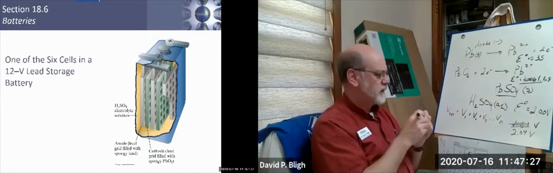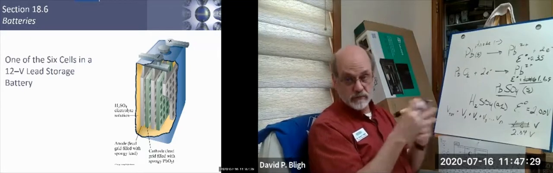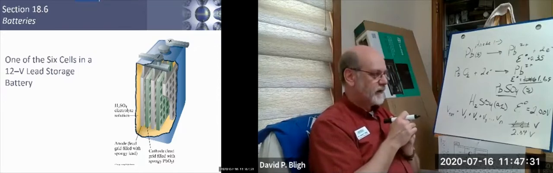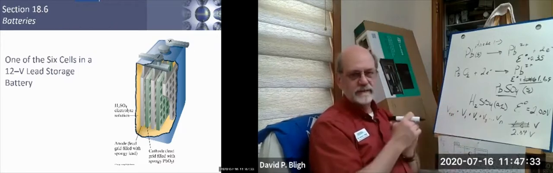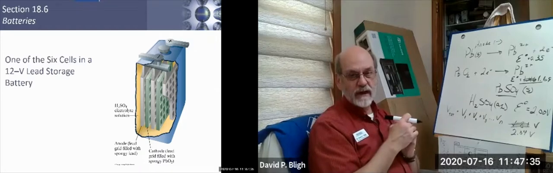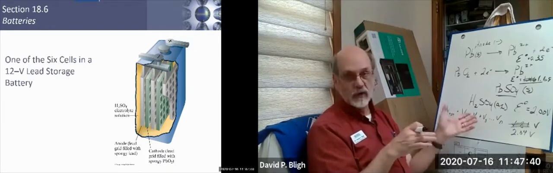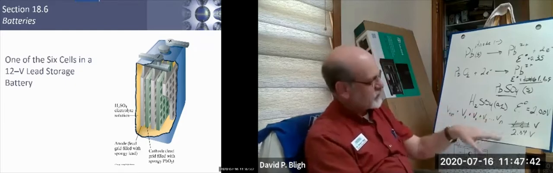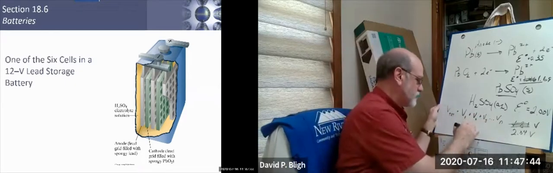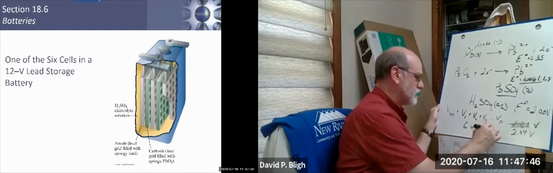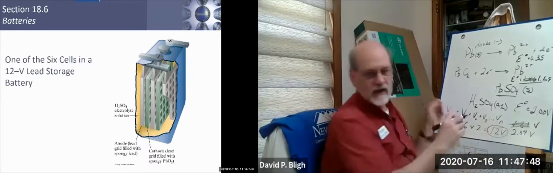Yeah, the cells would have to be separate in order to put them in series. If they were in the same vat, then they would be parallel, and your battery would last longer, but it wouldn't produce any more voltage. So if you put them in series, you get 12 volts out of that. 6 times 2 equals 12 volts. That's how you get a 12 volt battery.